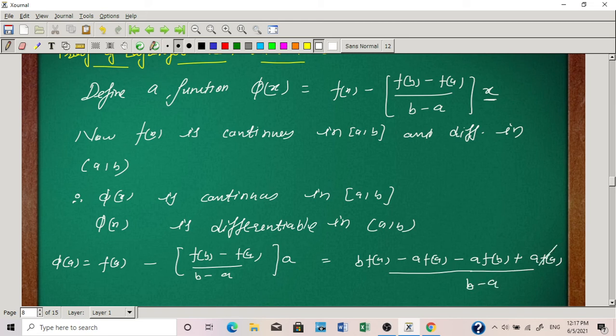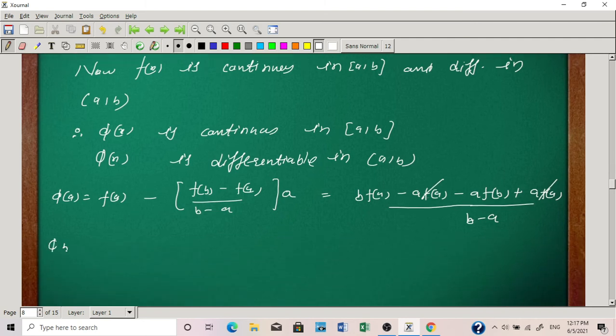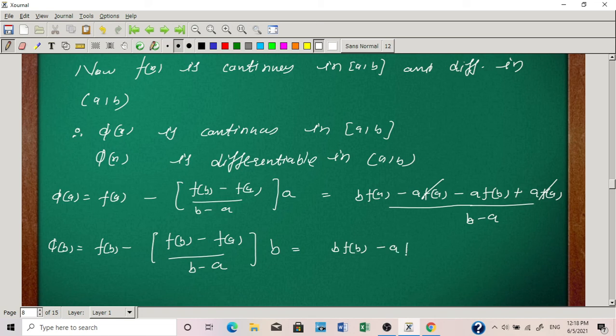This is a f(a), this is a f(a), ये हमारे कैंसिल हो जाएंगे. अब phi(b) निकाल लेते हैं. phi(b) = f(b) - ((f(b) - f(a))/(b - a)) * b, which is equal to (b f(b) - a f(b) - b f(b) + b f(a))/(b - a).